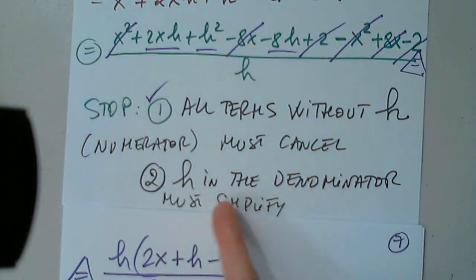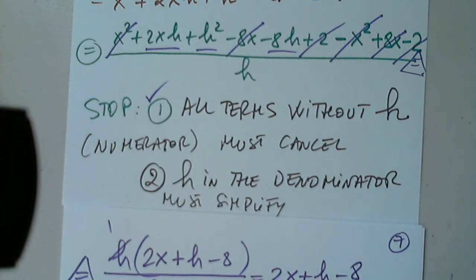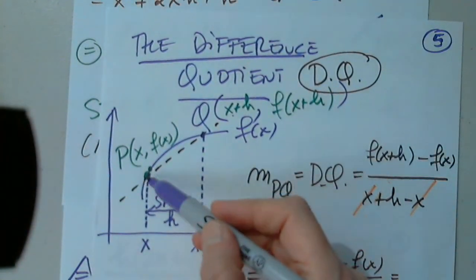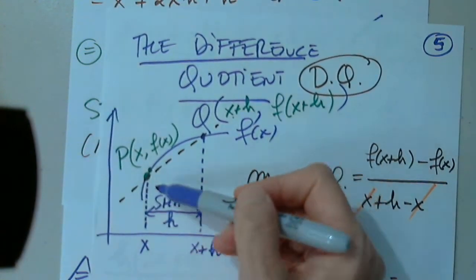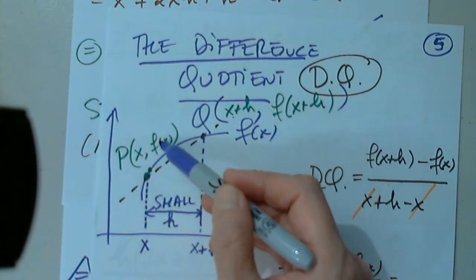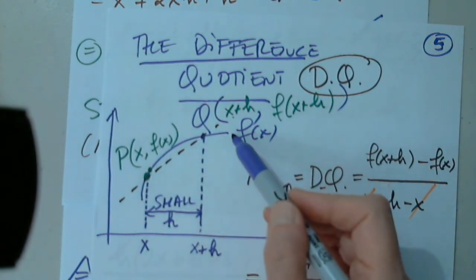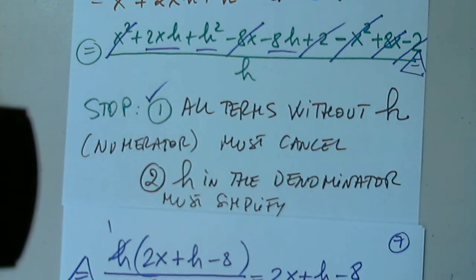I'm happy. The second condition is fulfilled, and this is it. This expression gives us the slope of the tangent, I mean close, not exactly, as I said, not quite. Very close to the slope of the tangent line at any point on the function we created together. So this is the difference quotient for the function f of x, x squared minus 8x plus 2.